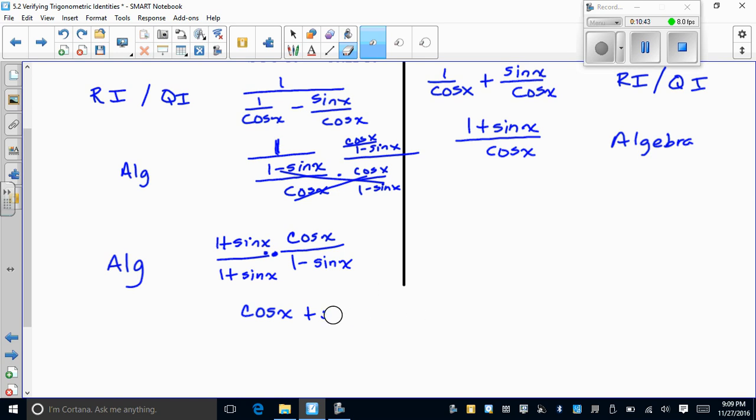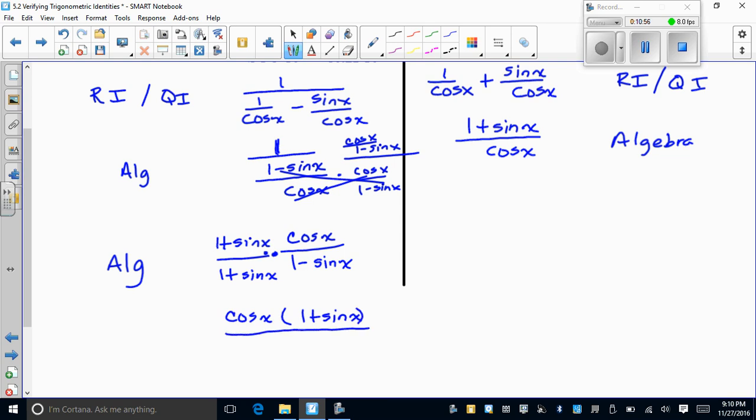We're going to leave the top alone. Cosine of x times 1 plus sine of x over, and this is a difference of squares. We're going to get 1 minus sine squared of x. For those of you going, wait, what? 1 times 1 is 1. 1 times negative sine, sine times positive 1 gives you 1 sine, negative sine.